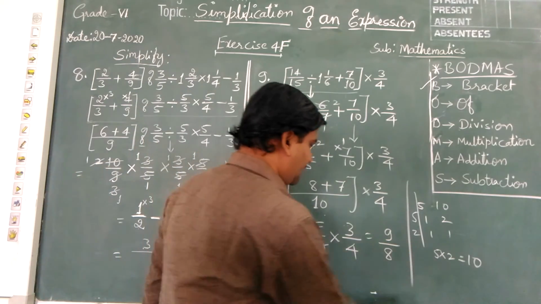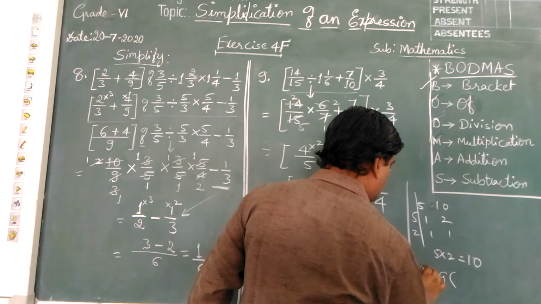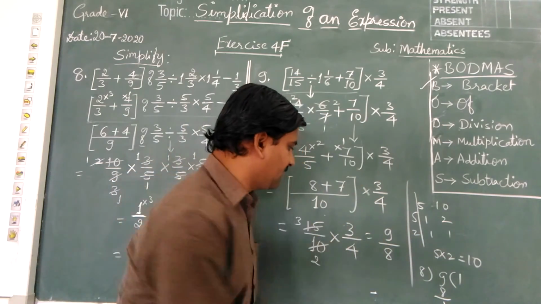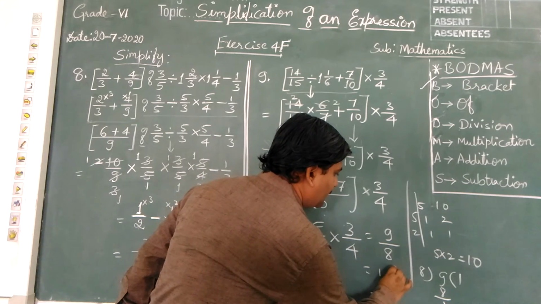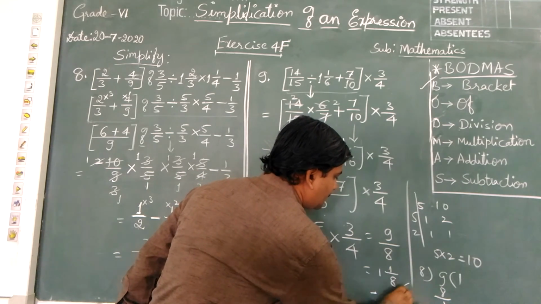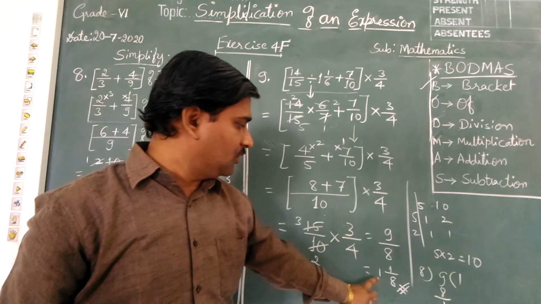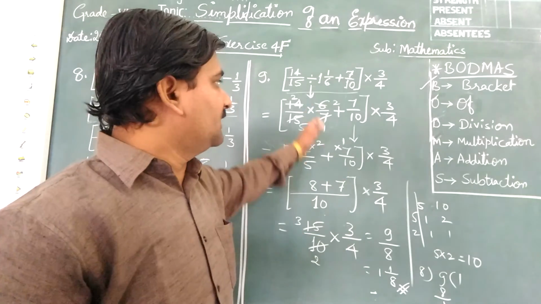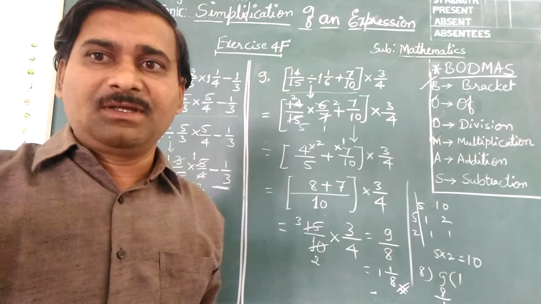So 9 by 8. 8 ones are 8, remainder 1. So this can be written as a mixed fraction, 1 and 1 by 8. 1 and 1 by 8 is the simplification of this expression, right? Thank you.